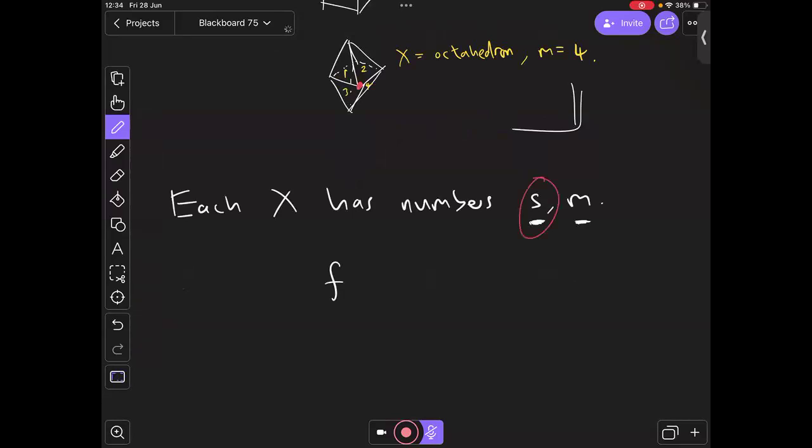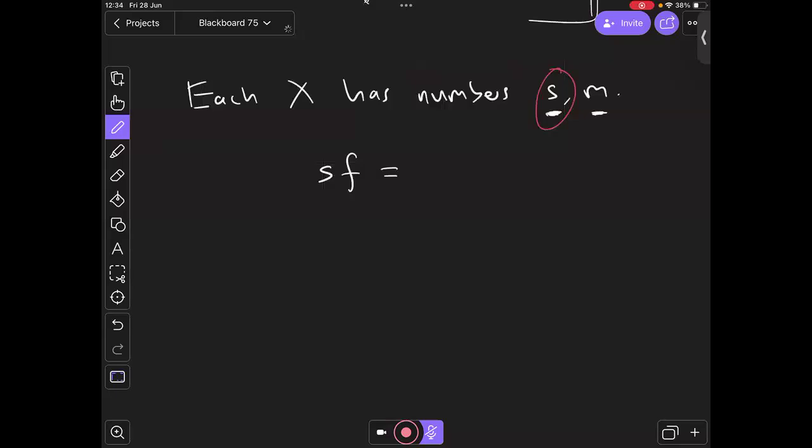If I multiply S by F, does this give me the total number of edges on the solid? Think about this for a second. Suppose I take the cube. Let's do this for the cube for a minute and see what happens.